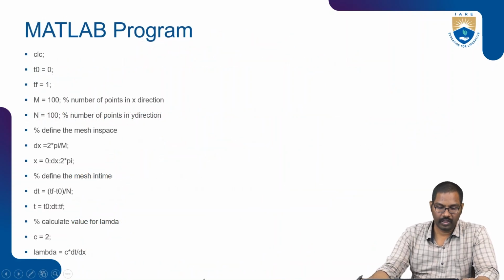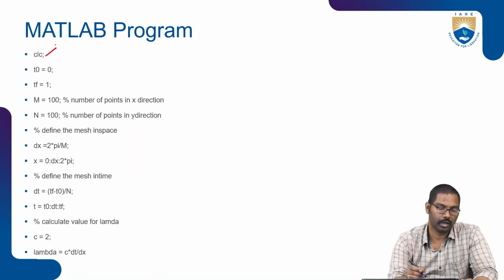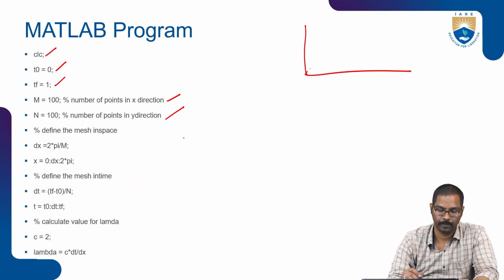Here in MATLAB, we start the program with the command clc, which clears the command window. Then we take t naught equal to 0, the initial time, and the final time tf is 1. The number of grid points in the x direction is considered 100, and the number of points in the time direction is considered 100.